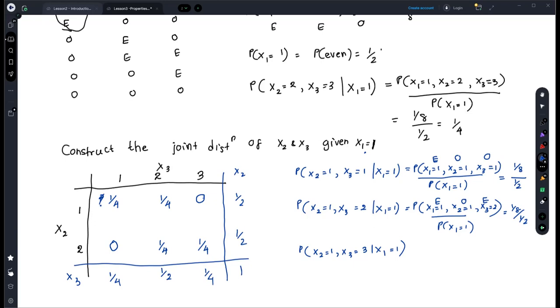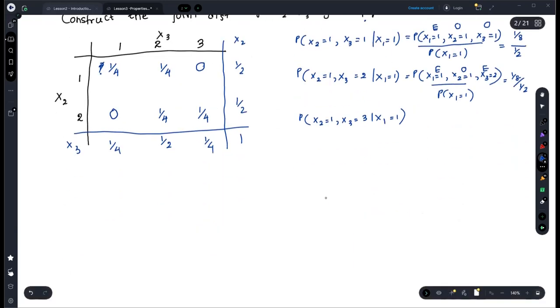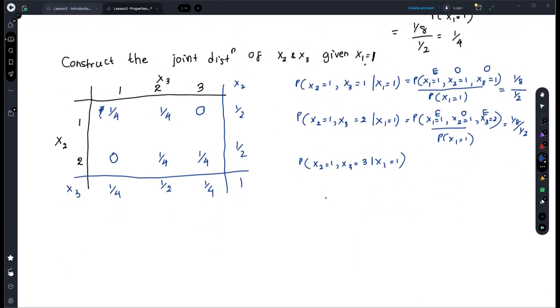Okay. Now, it all depends on the value of x1, right? If x1 equals 0, what will happen? Can you try it? I'll give you a few minutes to figure it out. Can you construct the joint distribution of x2 and x3 given x1 equals 0?